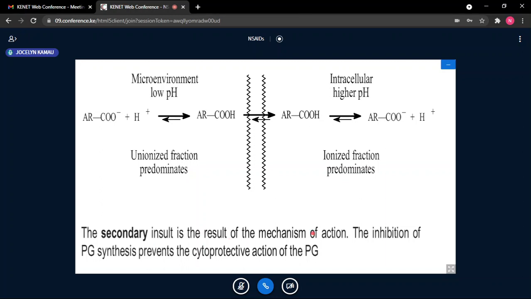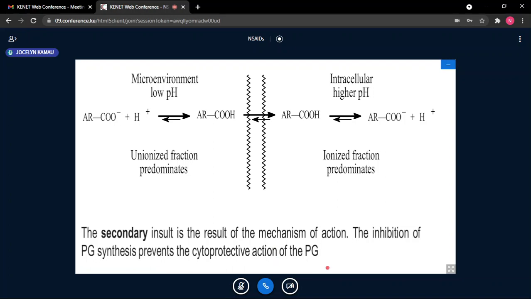The secondary insult is the result of the mechanism of action. The inhibition of prostaglandin synthesis prevents the cytoprotective action of the prostaglandin. So these are the two mechanisms which bring about toxicity of the non-selective non-steroidal anti-inflammatories. One is direct insult: because these drugs are acidic, they will increase the acidity within the mucosal cell and cause destruction of the mucosal cell, and hence the problem we are talking about.